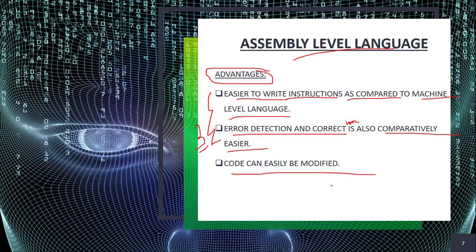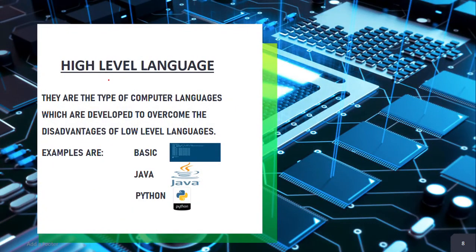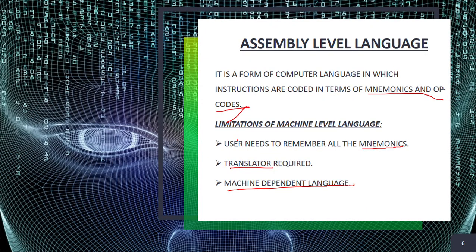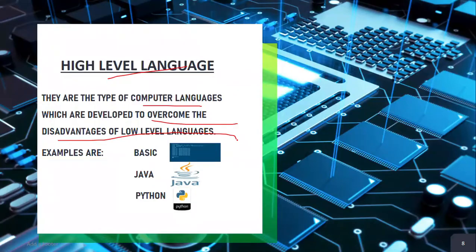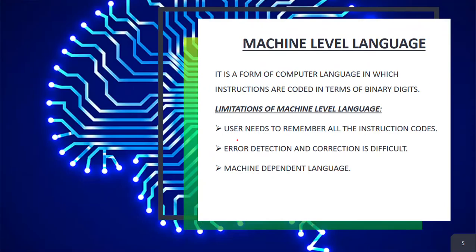And next, high level language. These are the type of computer languages which were developed to overcome the disadvantages of low level language. Low level languages had many disadvantages: they were machine dependent, the user needs to remember all the mnemonics and operation codes, and in machine level language all the instruction codes.